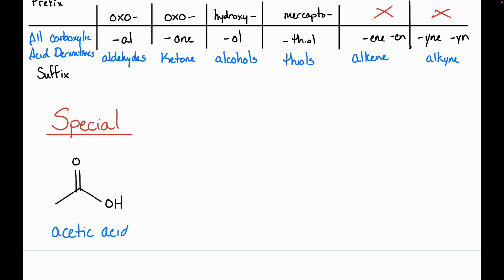And this is considered the IUPAC name of this molecule. So these 2-carbon carbonyl groups always have these special names. So for example, if we had a 2-carbon acyl chloride, you would think it would be ethanoyl chloride, but it's got its own special name. This is acetyl chloride.